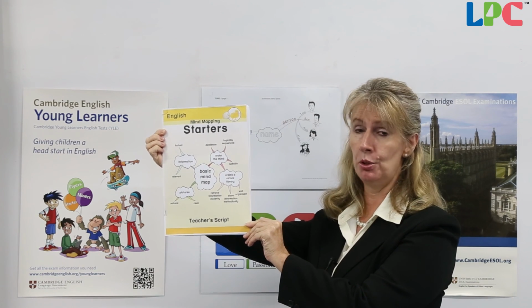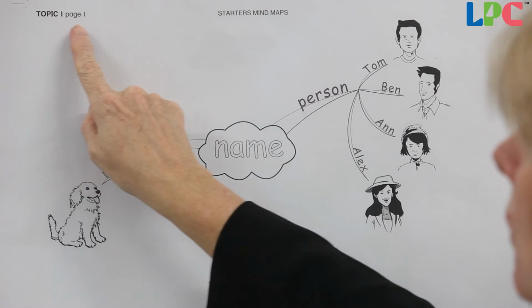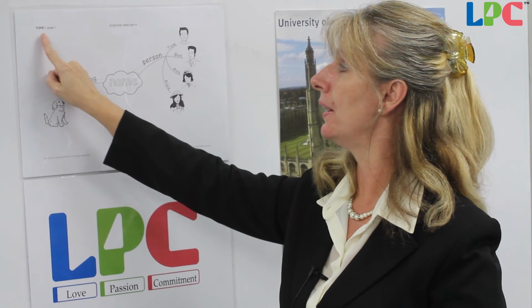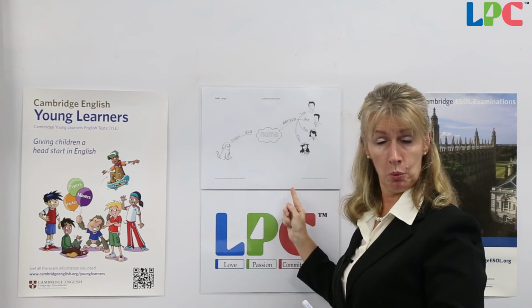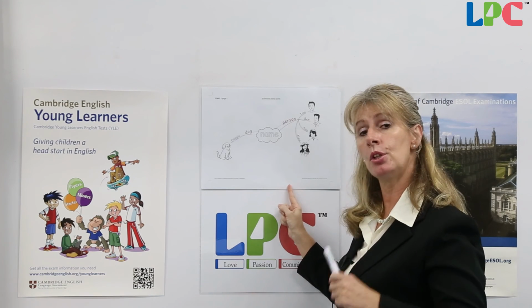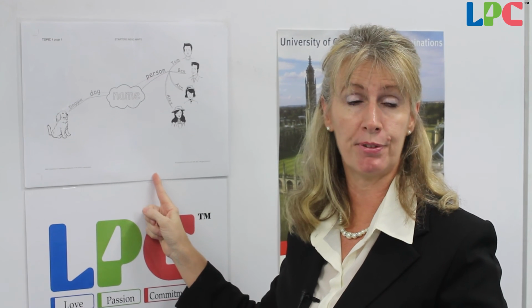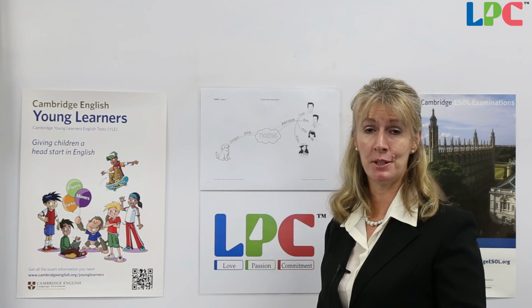Remember also not to pollute the conversation with anything additional. Watch the tutorial videos which I have prepared, and in each one it will be very clearly labeled for you. Topic 1, page 1, remember, is mind map 1A. Watch the tutorial video as often as you can until you feel confident enough to present the mind maps by yourself. Now let's look at our mind maps.